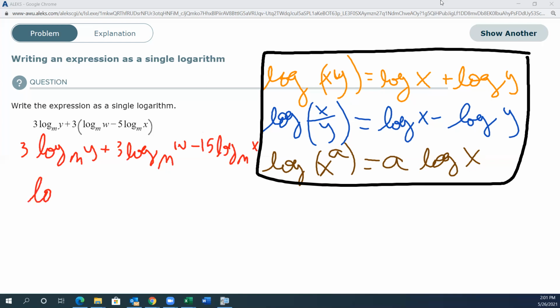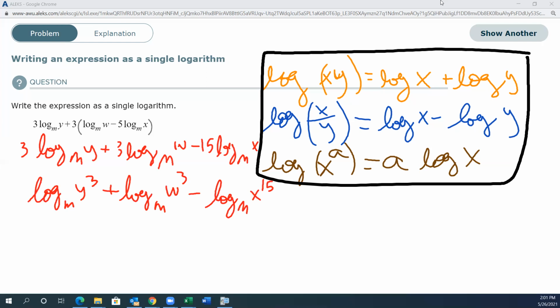So bring those guys back in as exponents. So I get the y cubed. I get a w cubed. And I get an x to the 15th. Okay, cool.